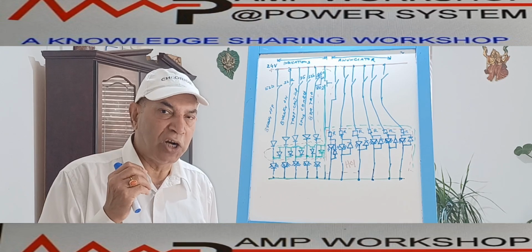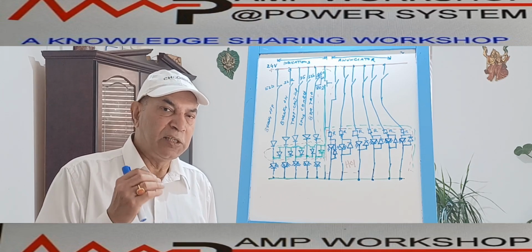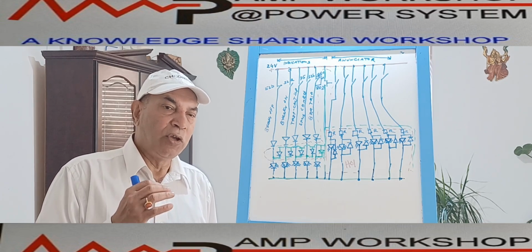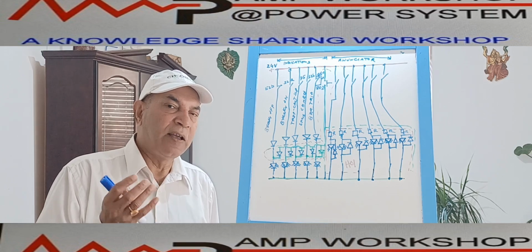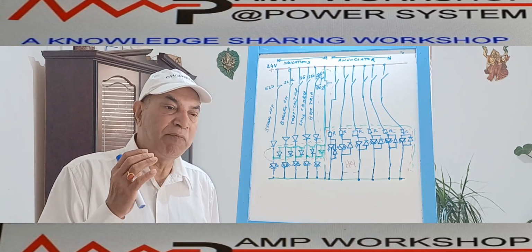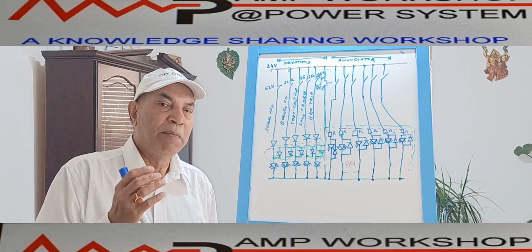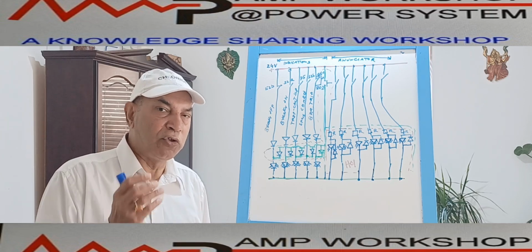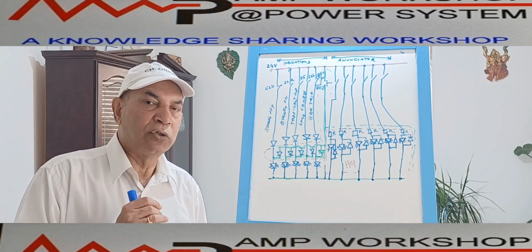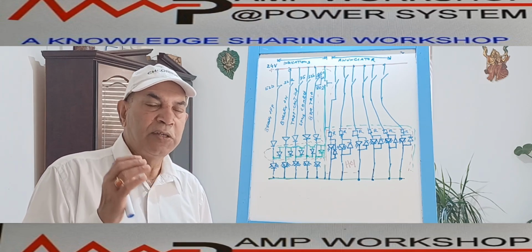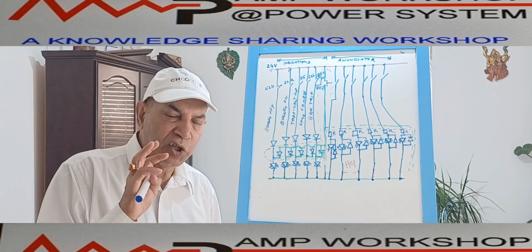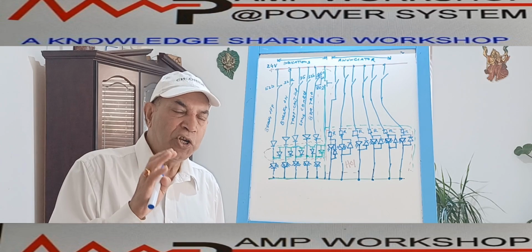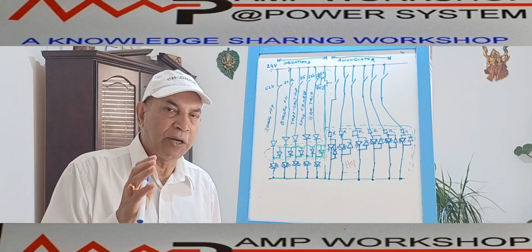If the spring charging mechanism fails, you cannot charge the spring. If the breaker is closed and the spring is not charged, the breaker will not be able to trip. That's why before closing the breaker, we need to assure that the spring charging mechanism is healthy. These are the three parameters which we normally monitor for healthy operation of the circuit breaker.